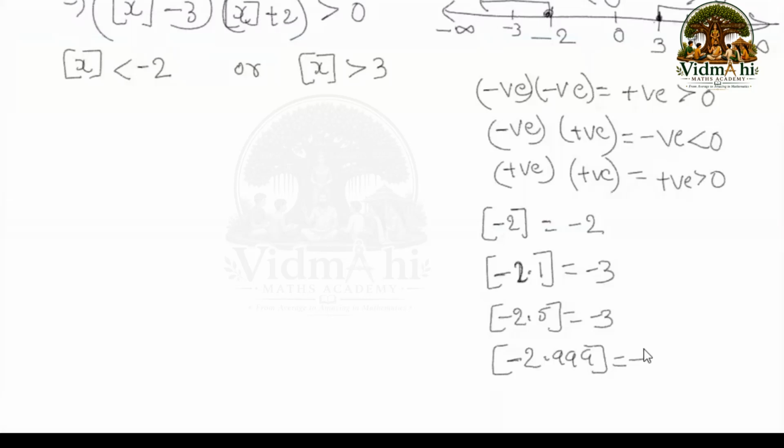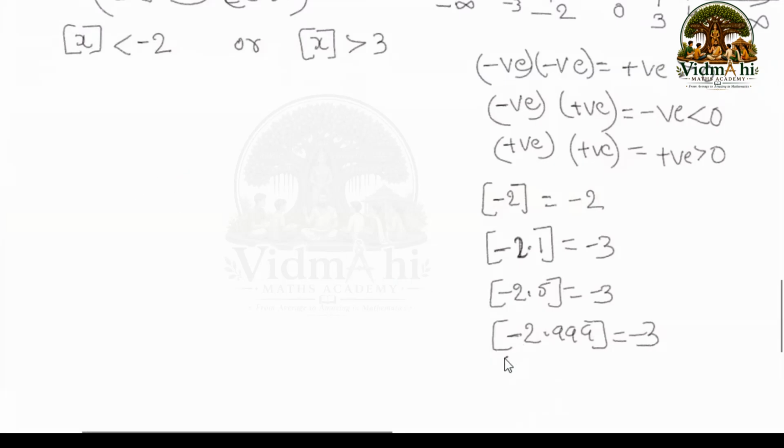That is also minus 3. What is greatest integer of minus 3.1? That is minus 4. That means except x equal to minus 2, in all these cases, minus 2.1, minus 2.5, minus 3.1, and so on, the greatest integer value is less than minus 2. That means x should be less than minus 2.